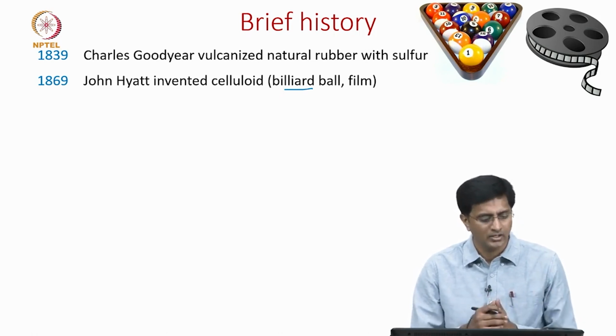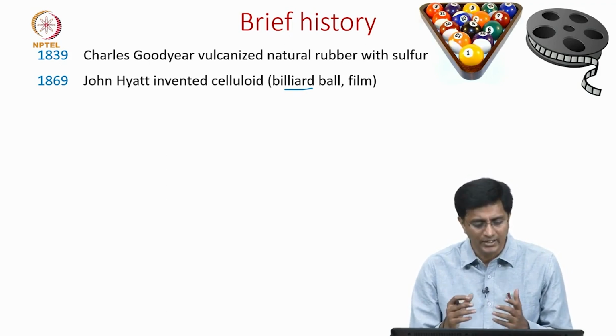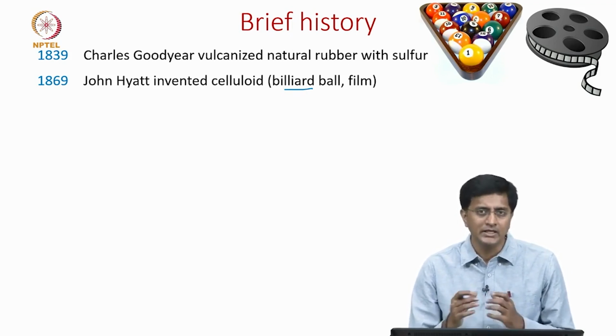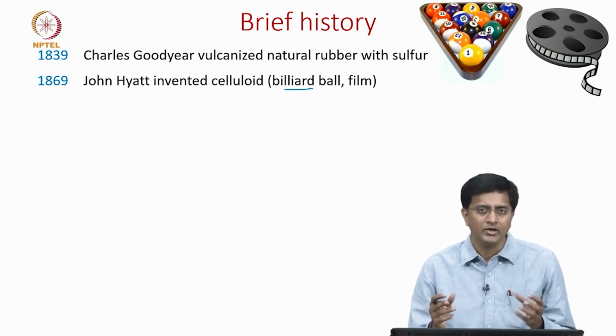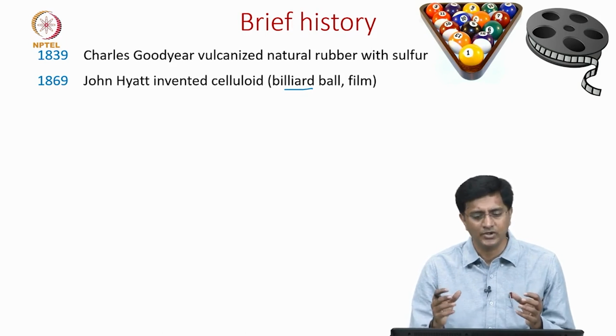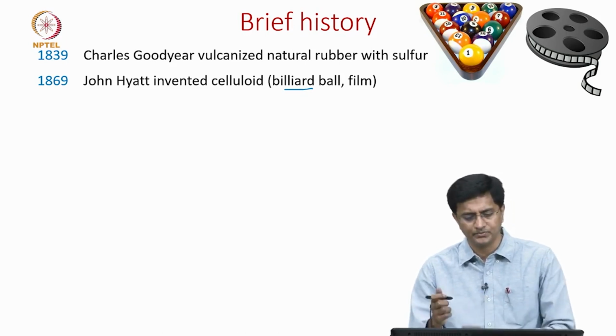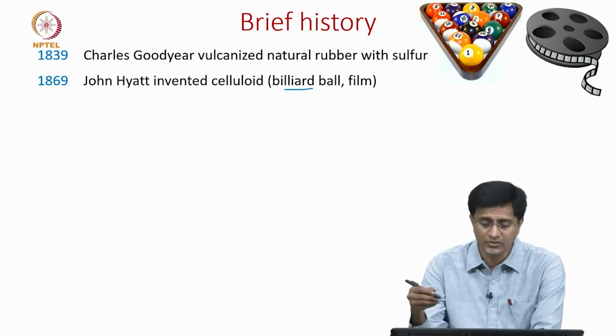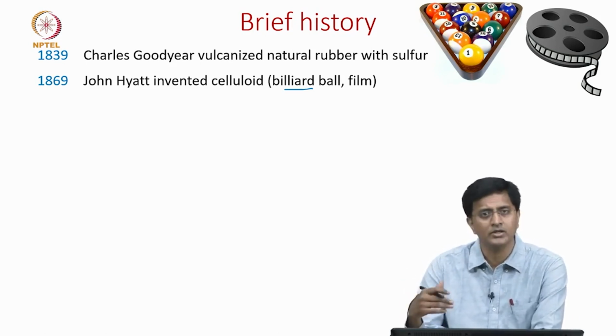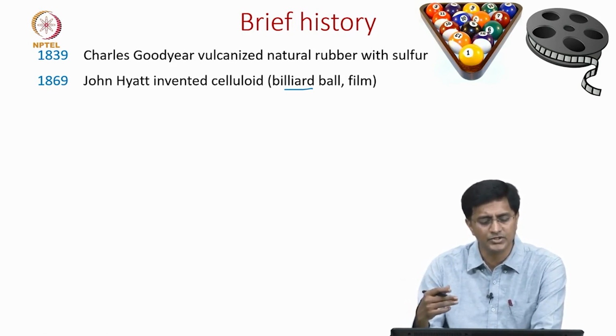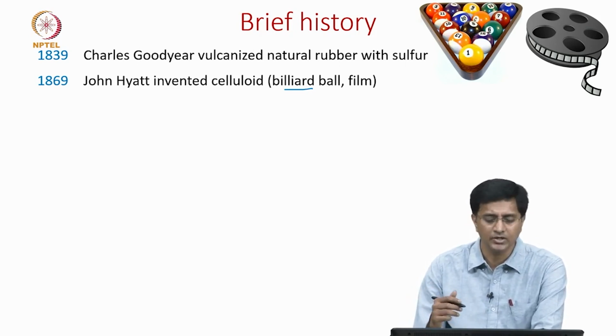So, John Hyatt worked on it and he invented this celluloid. He basically combined nitrocellulose with camphor to come up with this new material called celluloid. So, though initially it was a success, later because of some disadvantages of celluloid, other materials replaced these celluloid billiard balls.